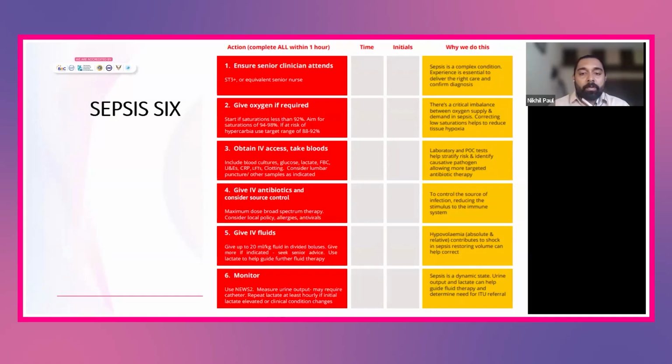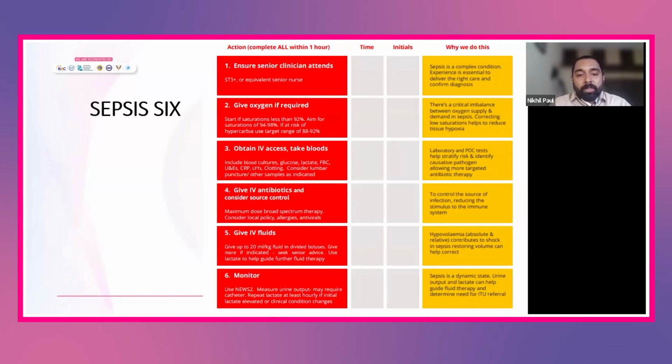We may have to consider lumbar puncture along with that if we are suspecting meningitis. These laboratory tests or blood cultures help us to risk stratify the patient, and we also get to know which causative organism is involved, and we can modify our antibiotic treatment strategies accordingly.